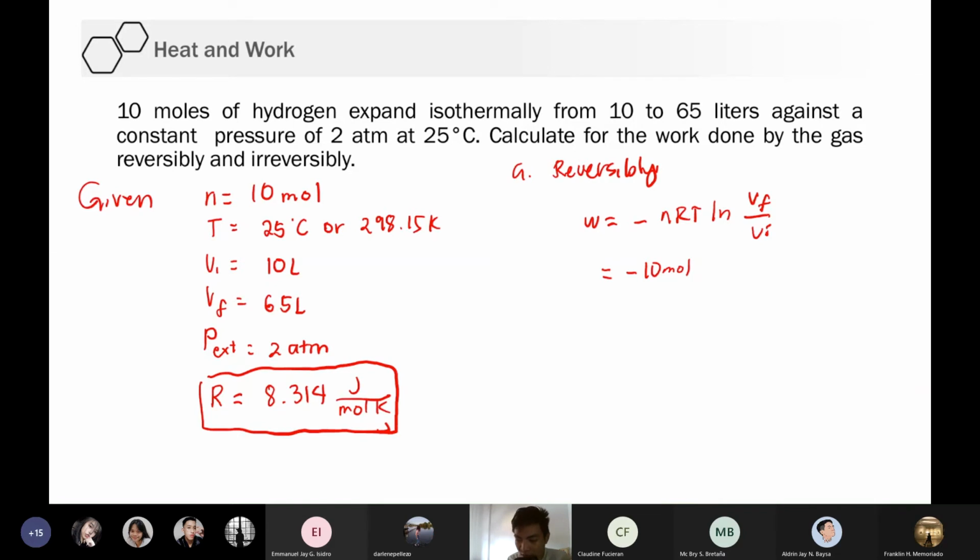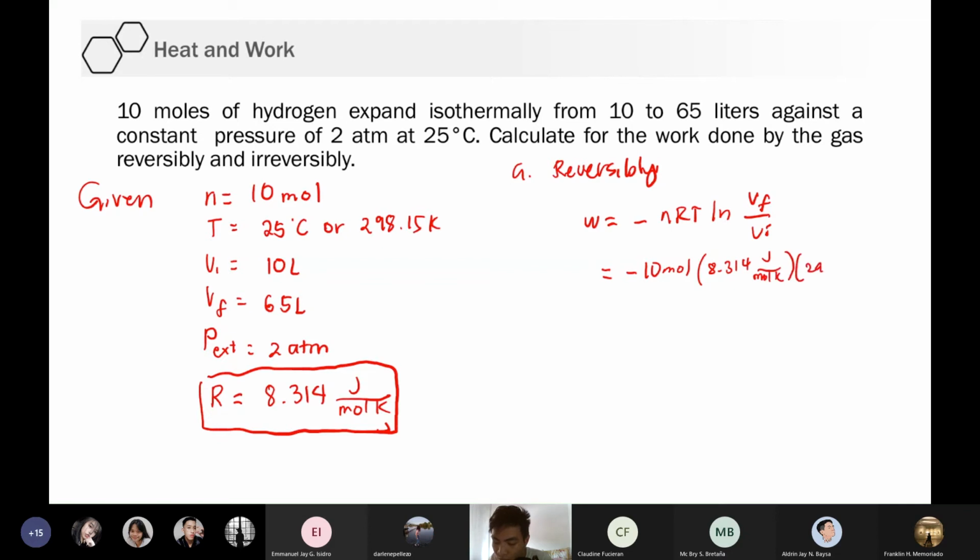Ito ay galing dun sa 0.08206 liter atm per mole Kelvin. Dun lang din to galing. Kinonvert lang to joule. Tamang convert lang. So, yan yung gagamitin natin. 8.314 joule per mole Kelvin.